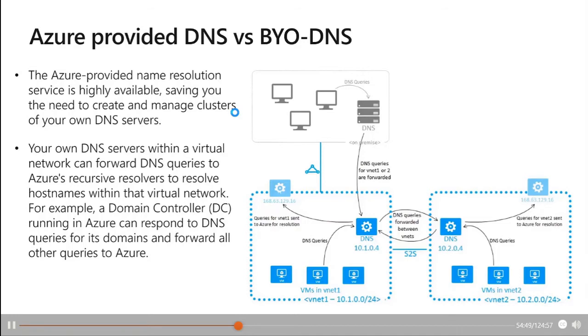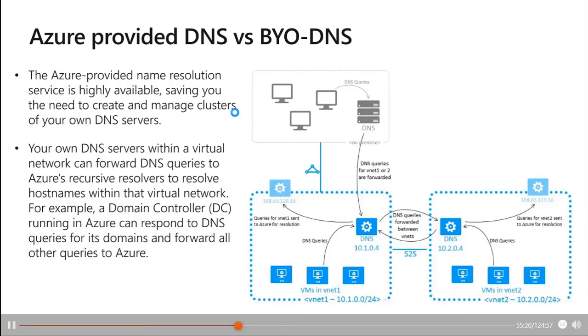If you want to bring your own DNS servers, you can also do that. You need to create a virtual machine and host a DNS service, for example, a domain controller from Windows Server. They can run the DNS server and take care of the DNS queries for its own domains, and then forward all the other queries to Azure. Both scenarios are possible.